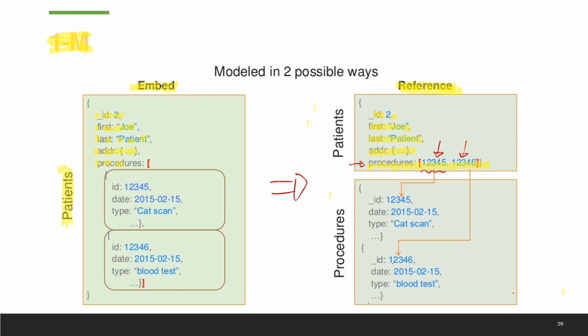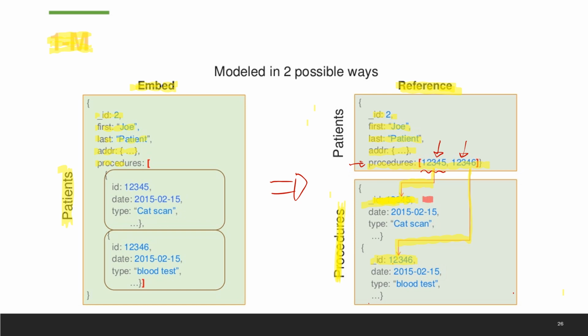Okay, here is the procedure collection, and it has a document with the ID. This is document ID 12345, and another document with the ID 12346. Okay, so this mechanism, you can see, is similar to the foreign key and primary key concept, right?